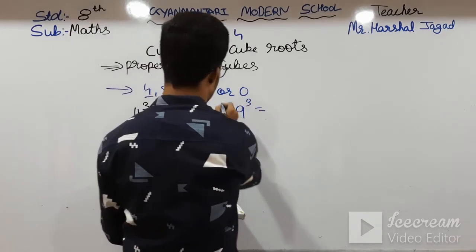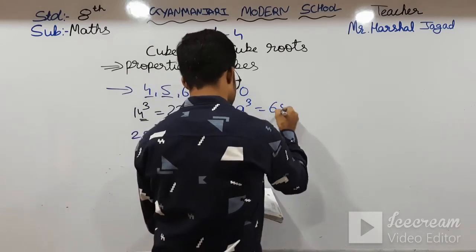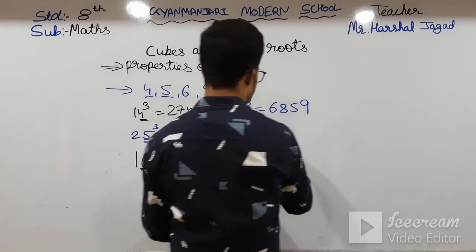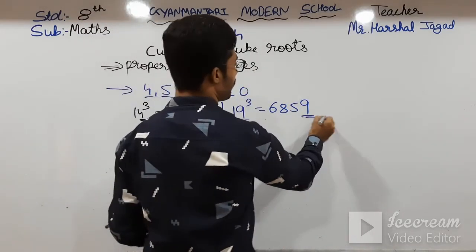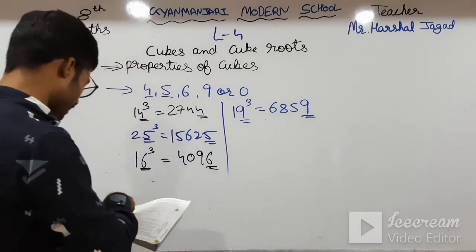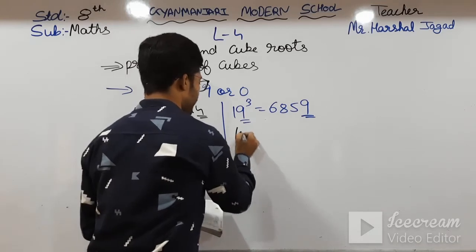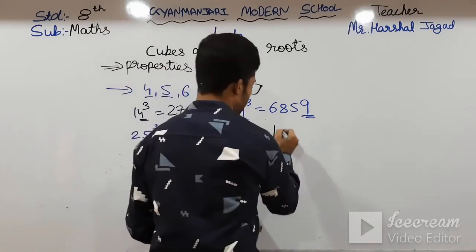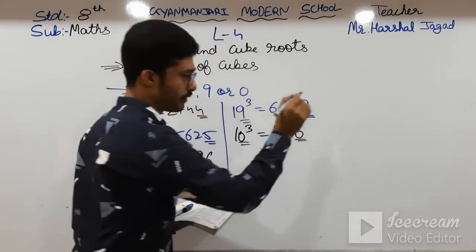If we take the cube of 19, then it will be 6859. Here its unit place is 9 and here also its unit place is 9. Okay students, and at last we will take 10 cube. So what is 10 cube? That is 1000. Here also 0, here also 0.